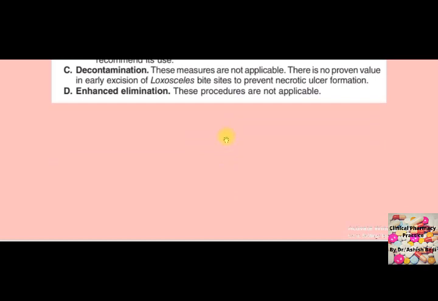We can summarize. Decontamination is common sense: it won't work here because the spider bites locally. Only skin washing with copious water or saline can be done, but these measures are not proven to help with necrotic ulcer formation in the case of loxosceles.